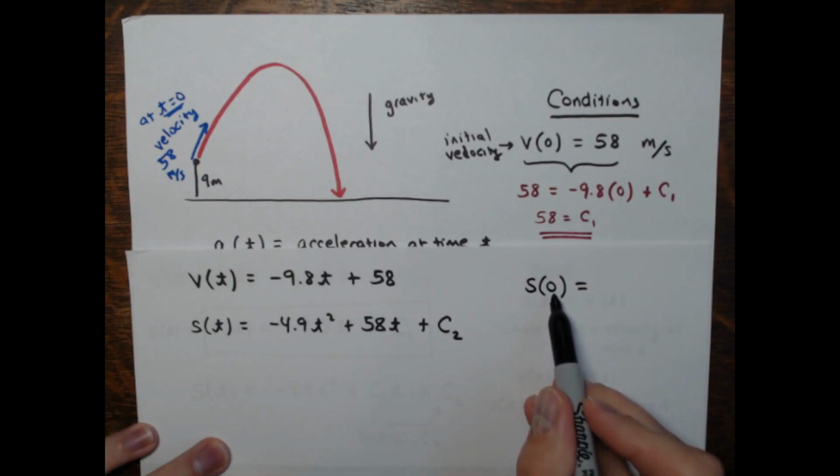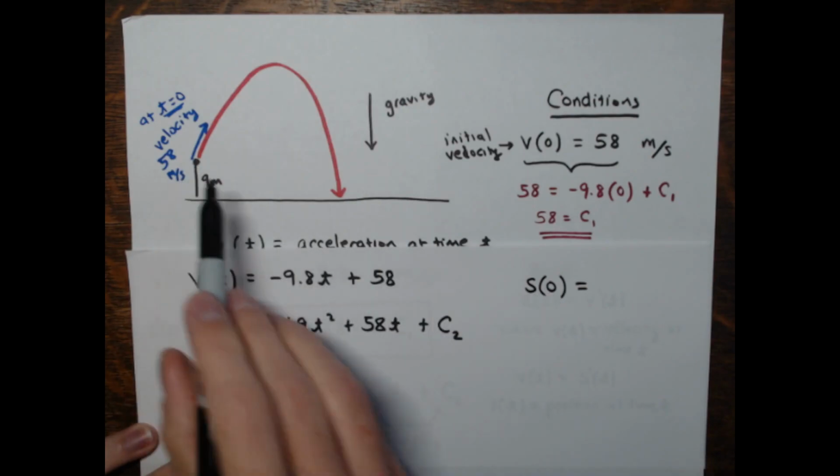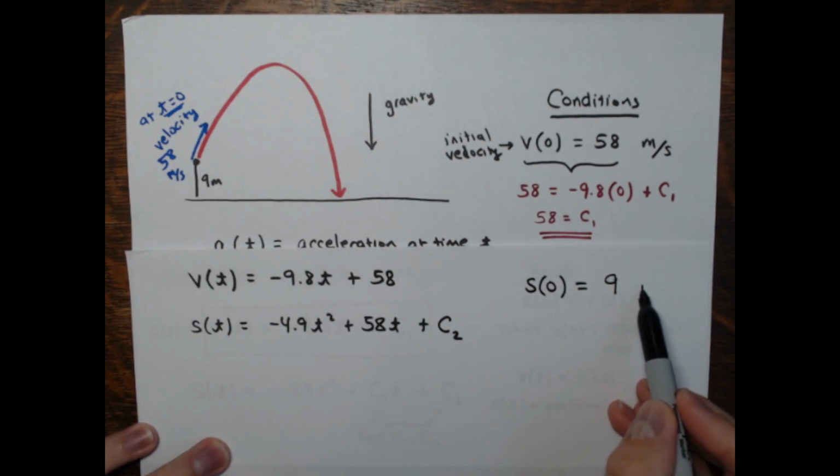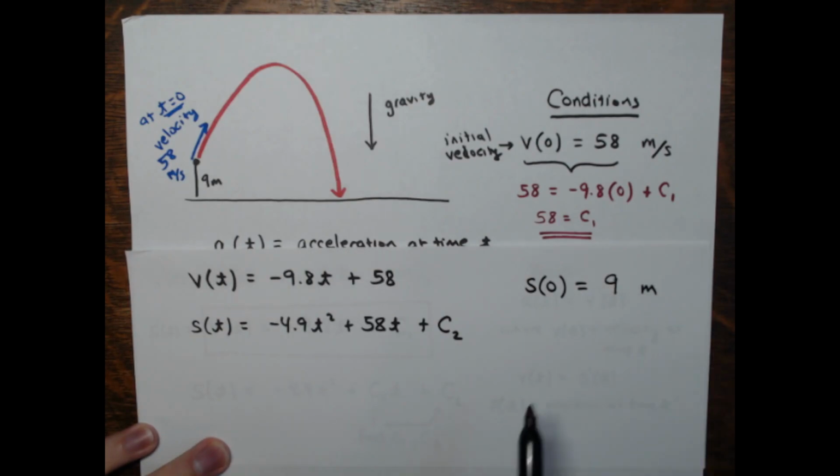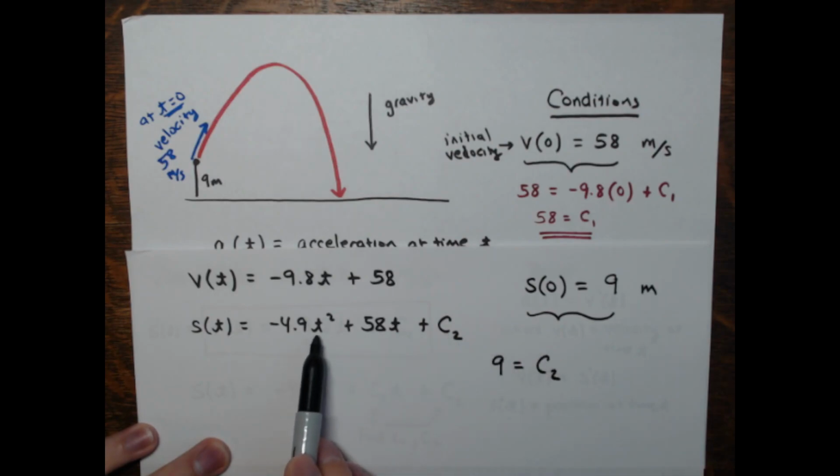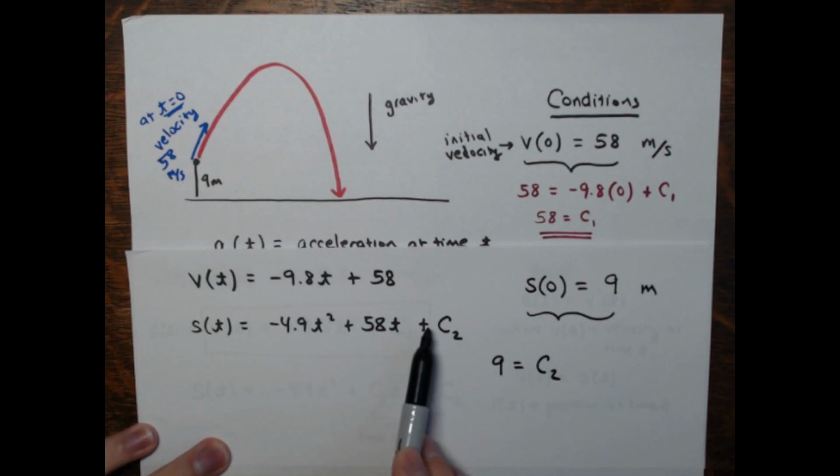When time is 0, the initial position was 9 meters off the ground. So using this, I can find c2. So put in 0 for t, so the left side will be s of 0, that's 9. Right side will just be c2, because you'd have 0 squared and then 0 here, 0 plus 0.